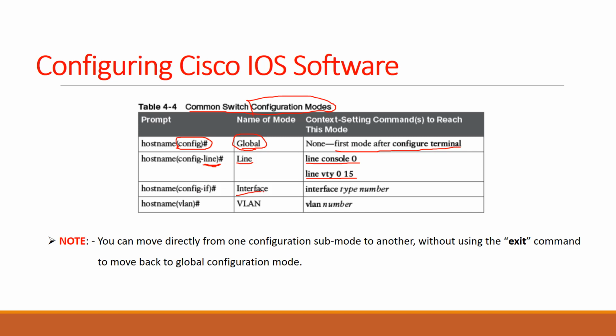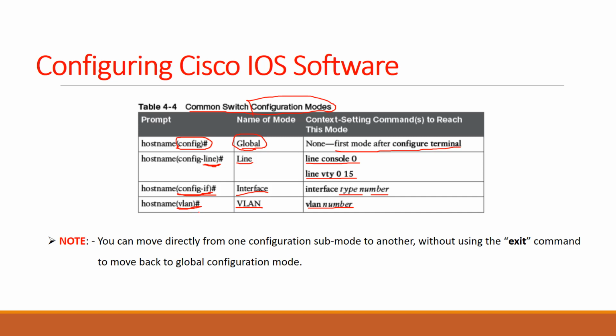If you type interface and give it a type and the number, you will move to the interface mode. It shows like that. If you type VLAN and give it a number, you will move to the VLAN configuration mode.